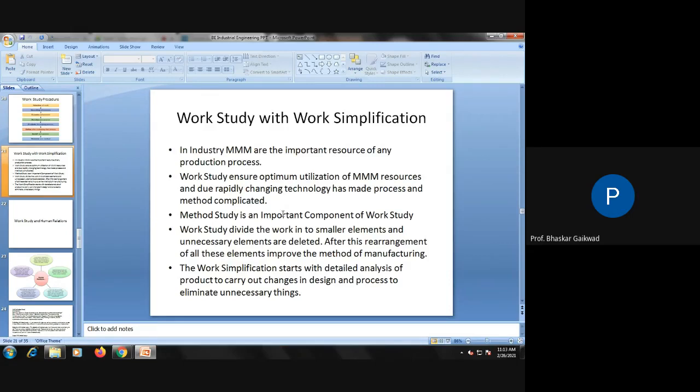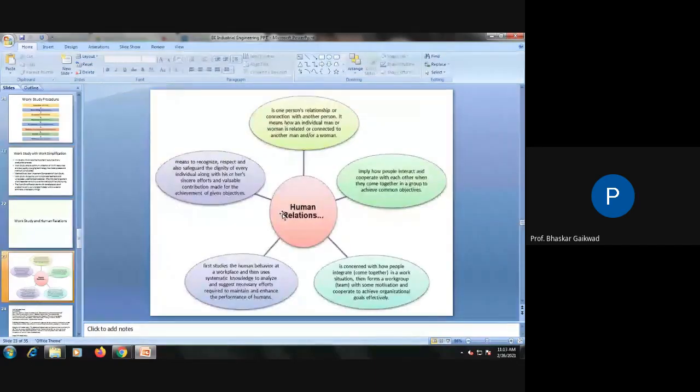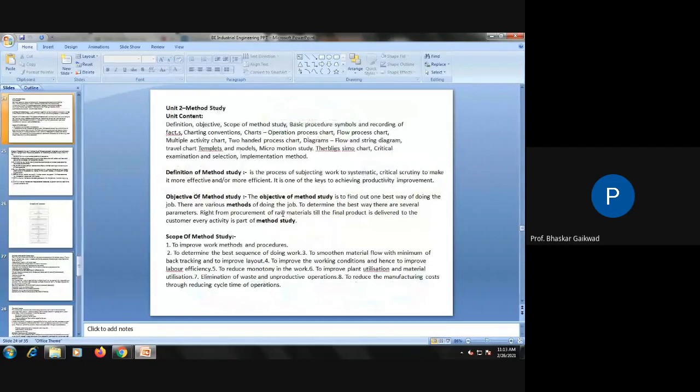Work study simplification means we have to divide the work into simple elements, rearrange unnecessary activity, reduce downtimes, and simplify it. Then human relations with work study: interactions will be there and management involvement will be there. Human relations we have already discussed. Then unit number two: yesterday we saw the syllabus of unit number two.